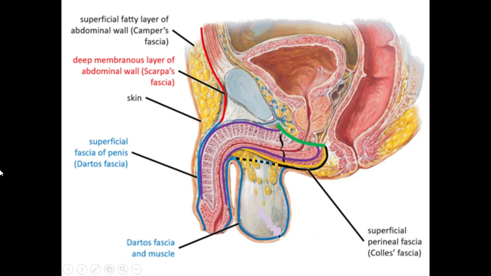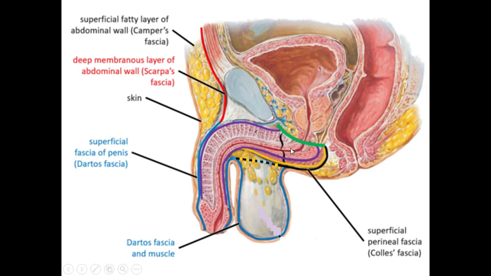Now again I am recapitulating. Here is our perineal membrane, and above this barrier the deep perineal pouch is situated, and within the deep perineal pouch the membranous urethra is situated.